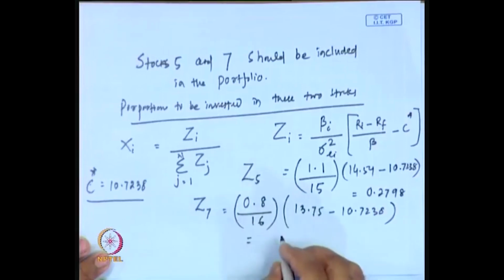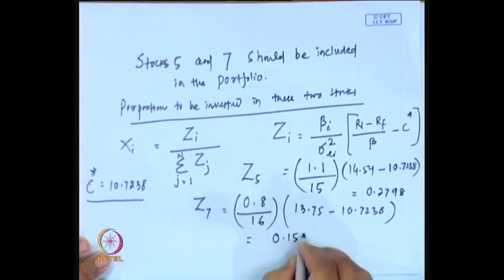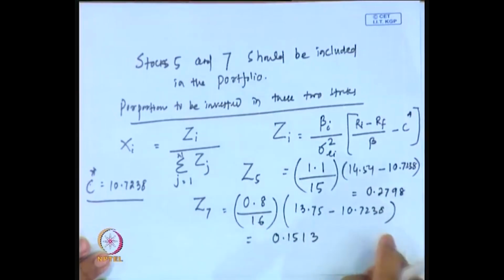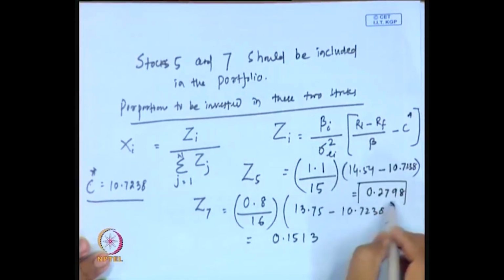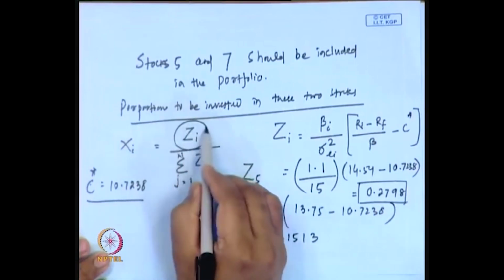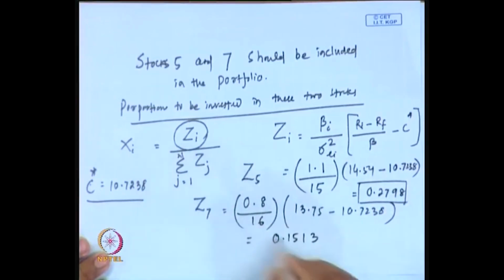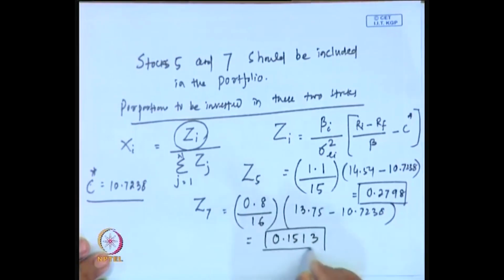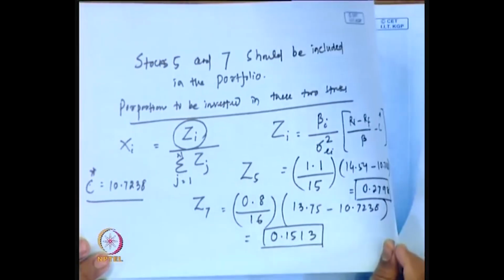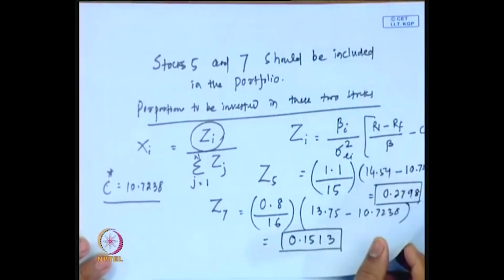Then we have calculated 0.1513. So this is the value we get: the Z value for security 5 is 0.2798, and for security 7 it is 0.1513.